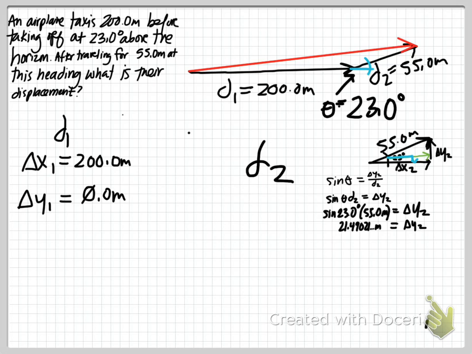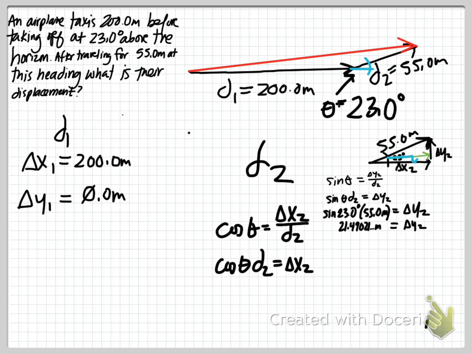So the cosine of theta is equal to delta x2, or adjacent over d2. Now it's a fairly easy matter to solve for delta x2. Cosine theta times d2 equals delta x2. Cosine of 23.0 degrees times 55.0 meters equals delta x2.